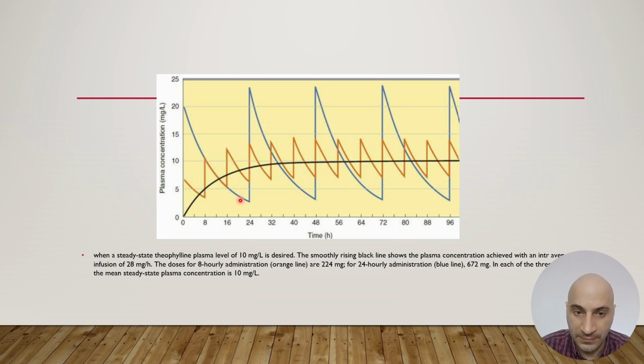So see the fluctuation between much higher peak concentration and low concentration, or we can administer it 3 times daily and then get this fluctuation much less at a dose of 224 milligrams 3 times daily, which technically is the easiest to follow among the 3 ways of application.